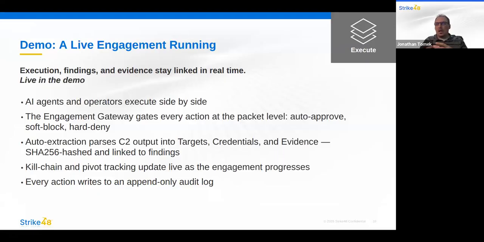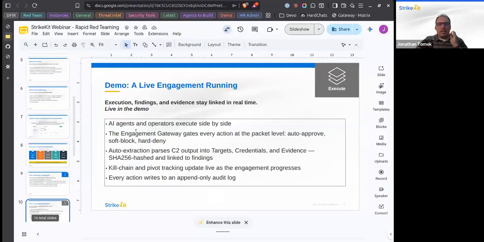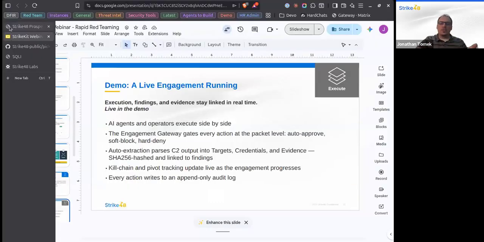Because there have been times during a red team or a vulnerability assessment where some things just magically appear and nobody really remembers how they got there. This system ensures that integrity, because that is a crucial element to making you trust any system.